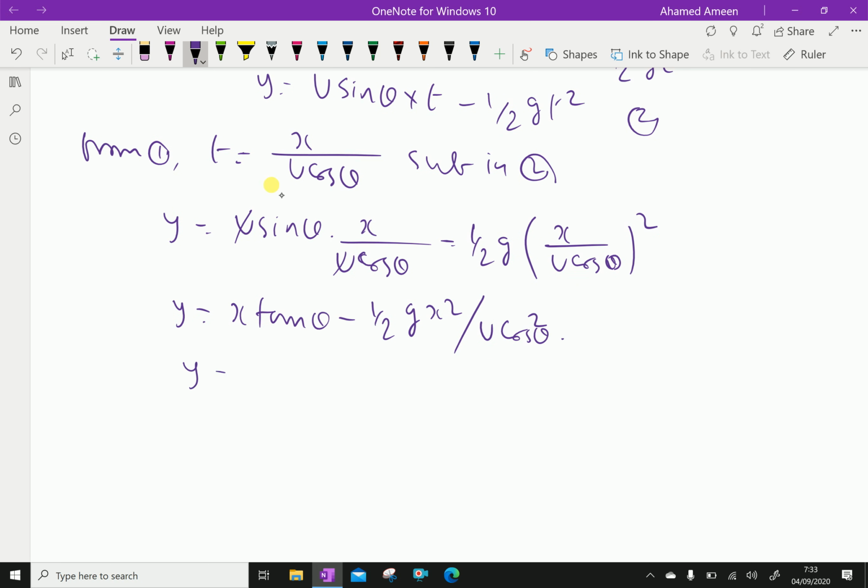For simplification, you can write y equals x tan theta minus g x squared over 2 u squared cos squared theta, and 1 over cos squared theta is secant squared theta.